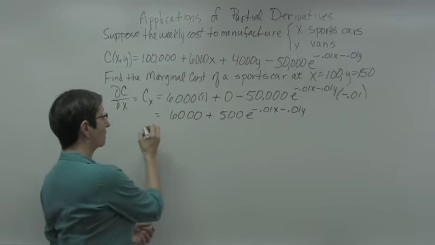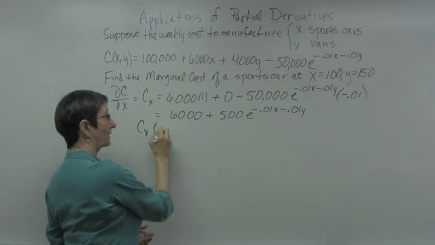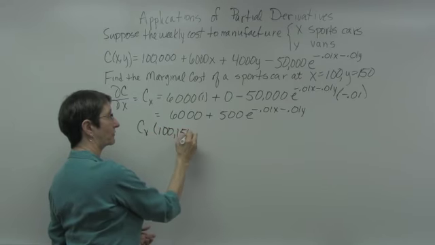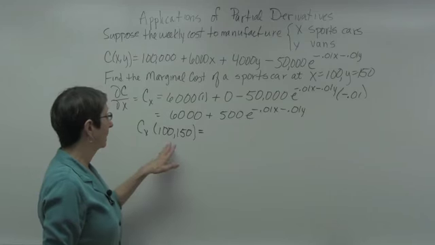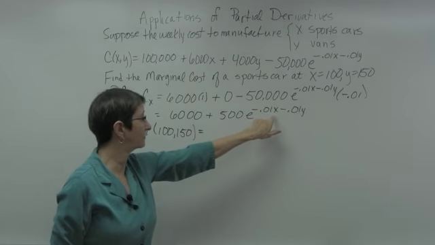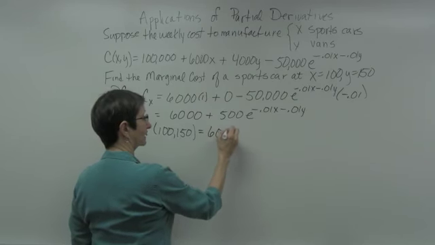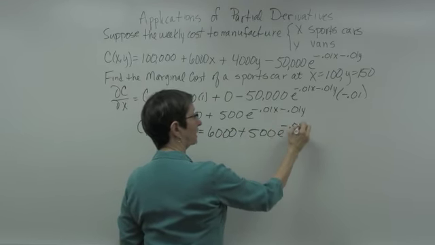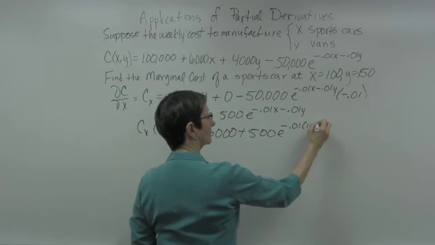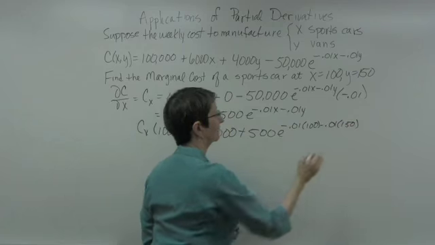What I have to do now is find the value of that at the point when x is 100 and y is 150, and then figure out what it really means. If I plug in 100 and 150, that gives me the exponent up here, 6,000 plus 500e to the negative 0.01 times 100 minus 0.01 times 150.